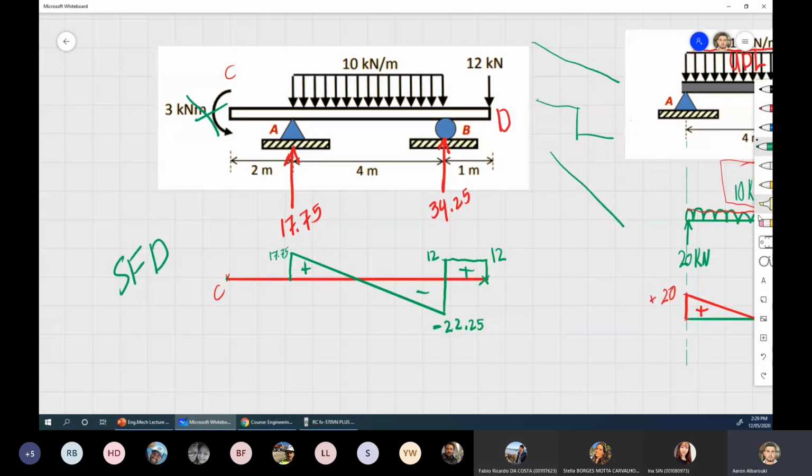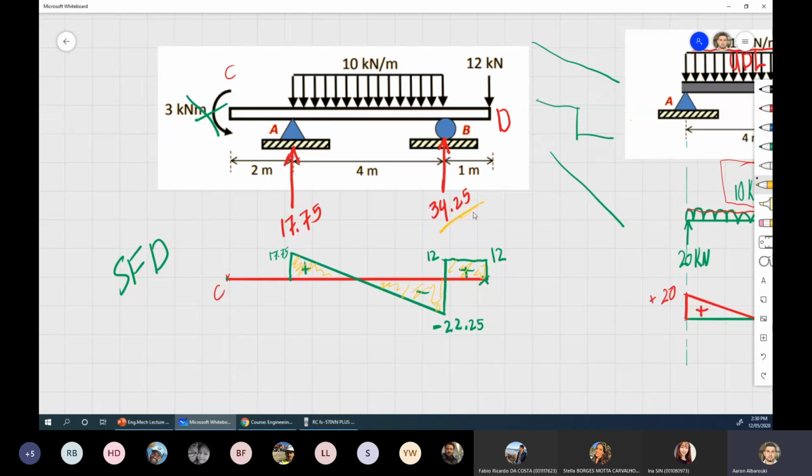This area here is what we'll be using for our next bending moment diagram. Because if you think about it logically, guys, let it go up again. Leonardo, sorry mate, Leo.